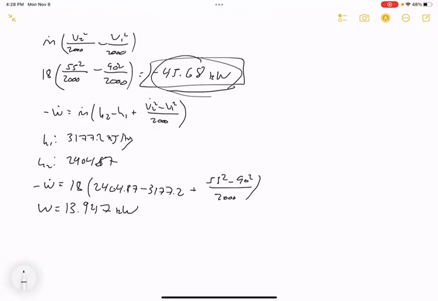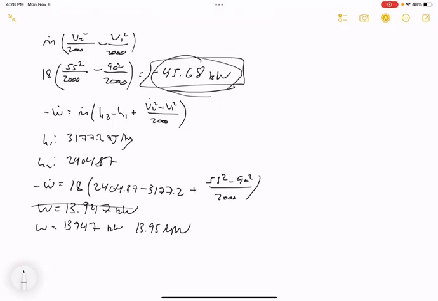Sorry, I'm off by a factor of 1,000 there. I'm getting work equals 13,947 kilowatts, which means it's about 13.95 megawatts. All right, so this is the power output of the turbine.